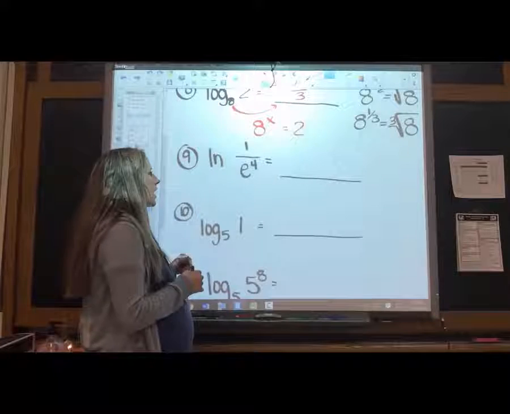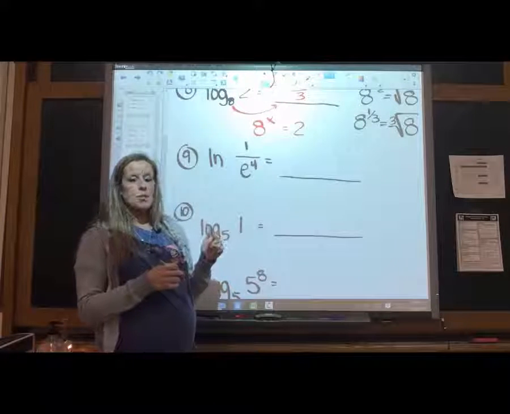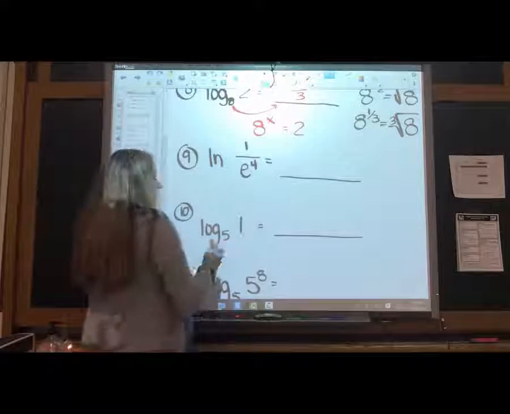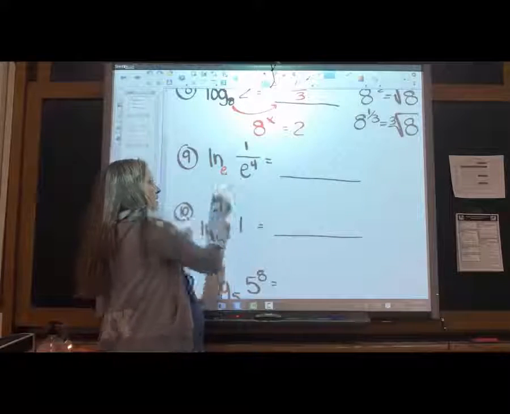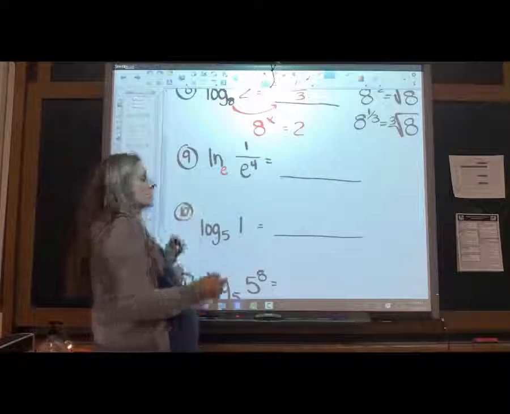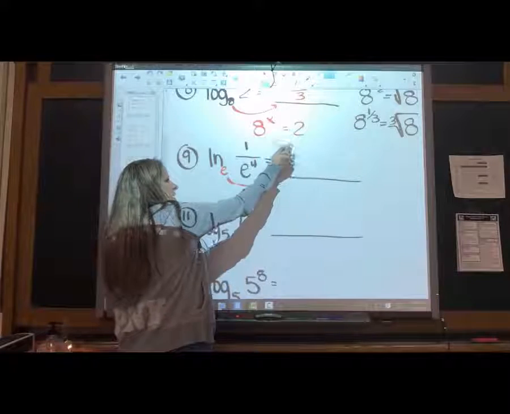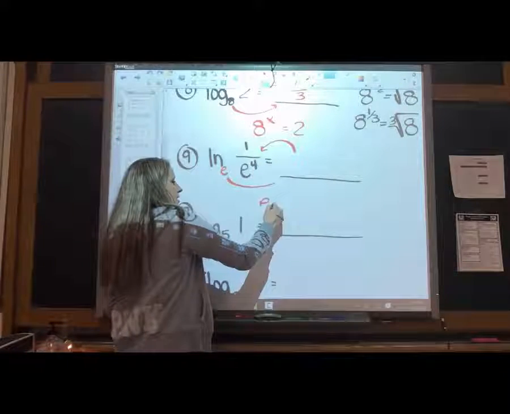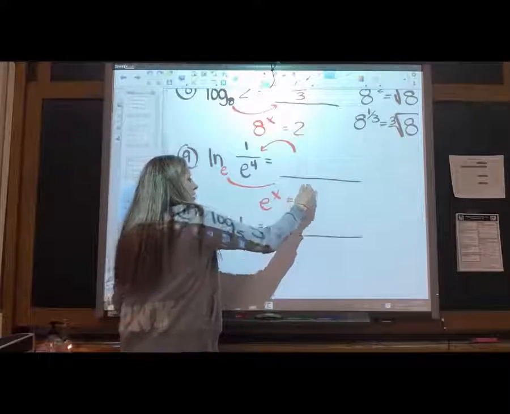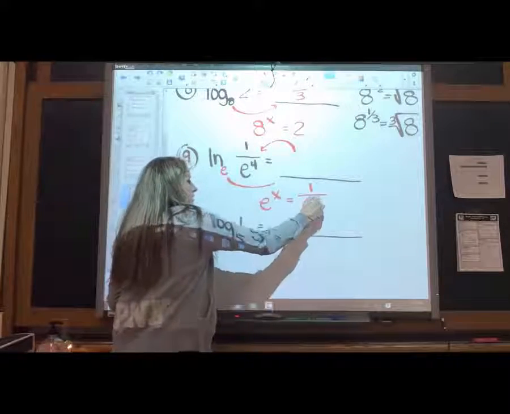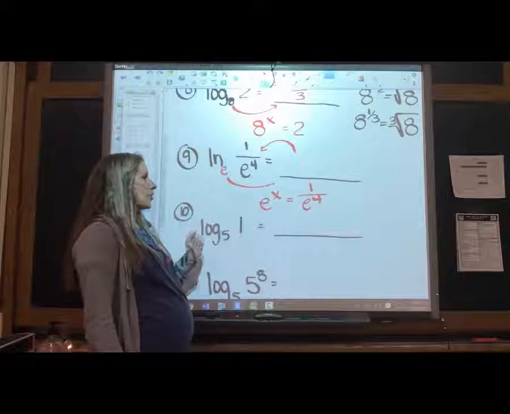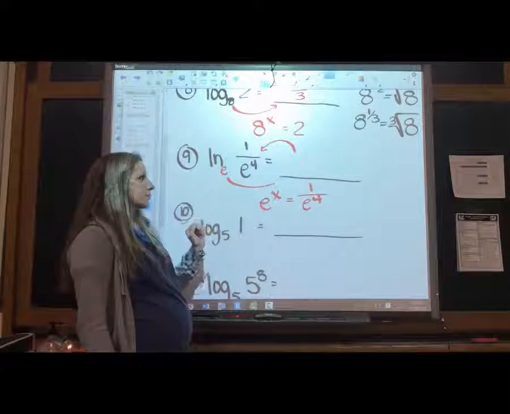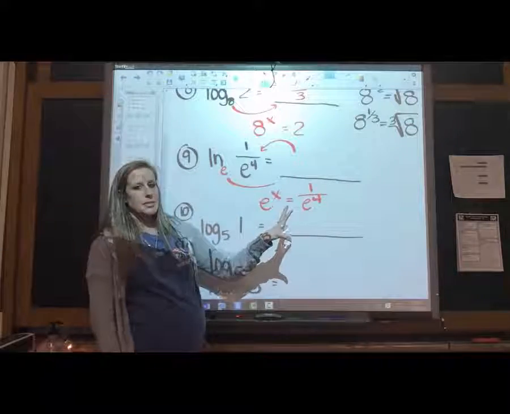All right, number 9. On number 9, we don't have a base. So look, it's a natural log. So this is going to have a base of e, and I'm going to change it to exponential form. So e to the x power equals 1 over e to the 4th. Okay, another little tip here.